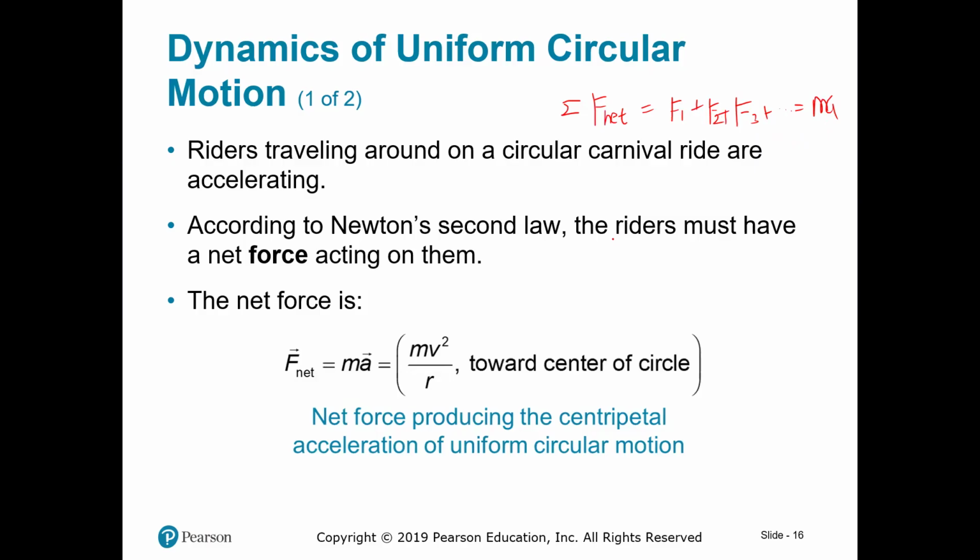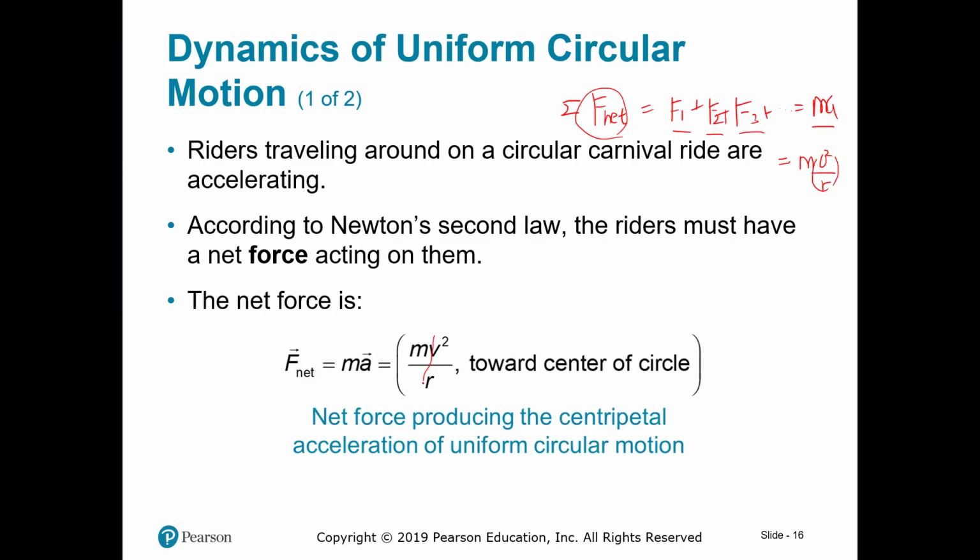And then centripetal acceleration for circular motion, we have almost the same thing. The only difference is that after you find all forces, F1, F2, F3, and again, still there is ma, but the only addition here is a equals v squared over r, which is the centripetal acceleration.